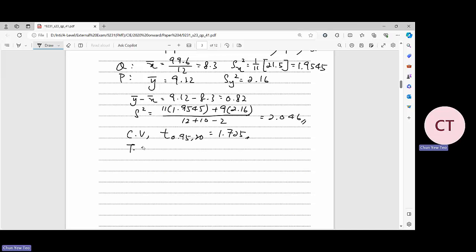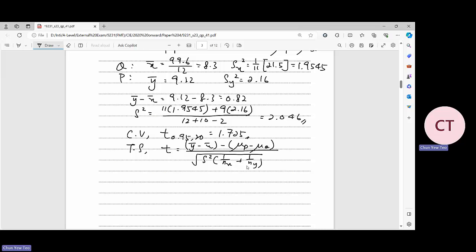Now we're looking for the test statistic. The T will be the bar Y minus the bar X minus (mu P minus mu Q), divided by the square root of s squared times (1 over nx plus 1 over ny).